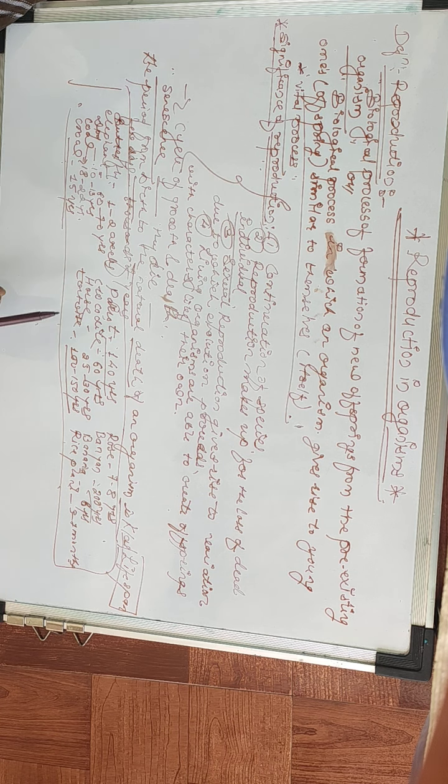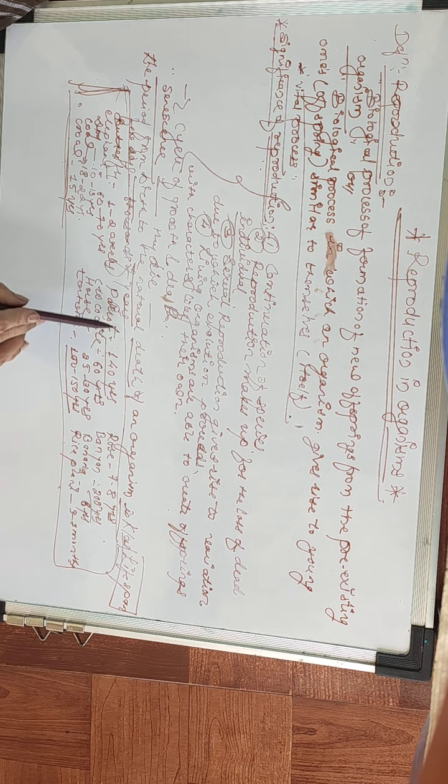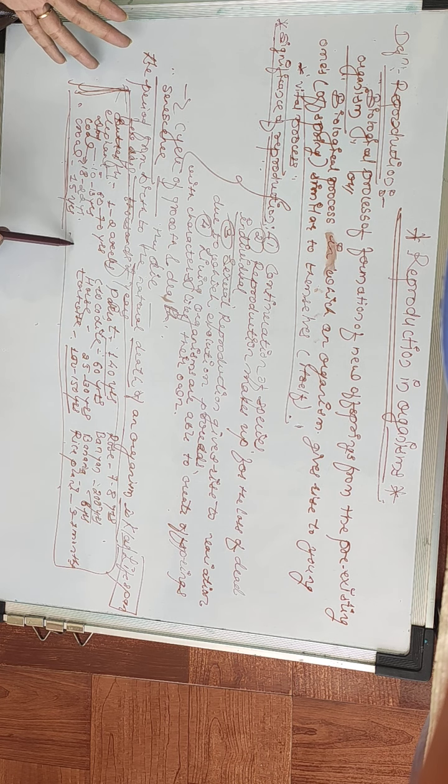Now, on the basis of all these calculations, you may note that the lifespan of an organism is not correlated with its size. Whatever the lifespan of the given animals and plants that I already showed you, you can see here.